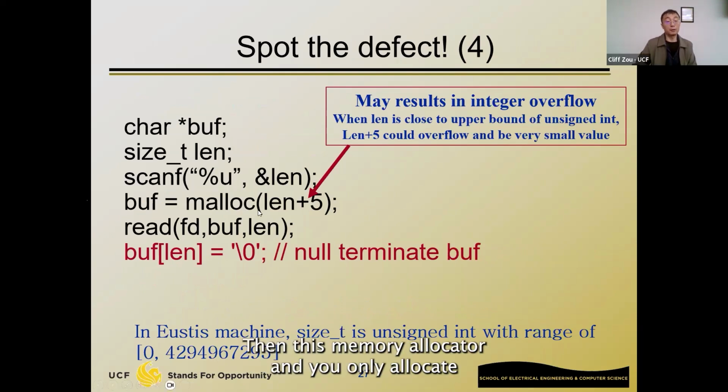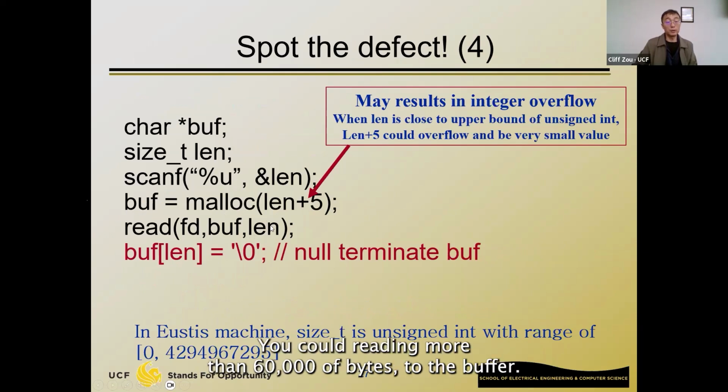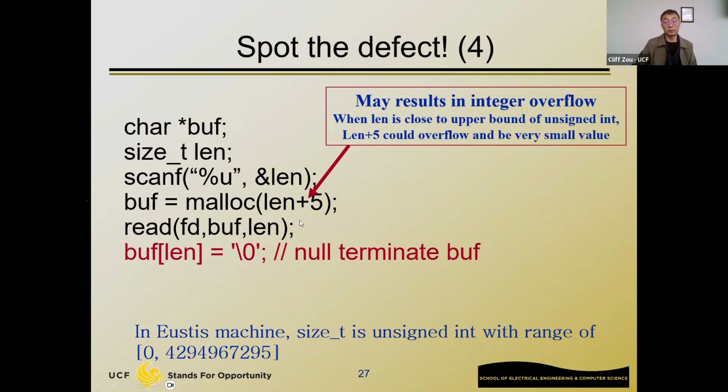Then in this memory allocator, you only allocate a very small number of bytes to the buff, whereas this read could read in more than 60,000 bytes into the buff. So length + 5 could overflow and become a very small value. So that is this integer overflow problem.